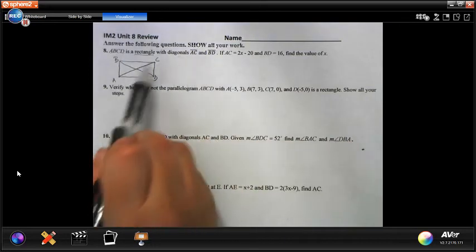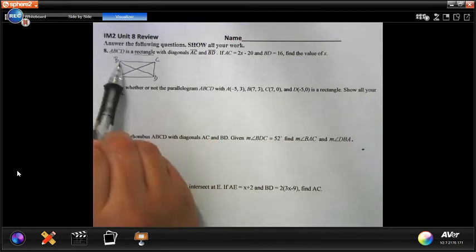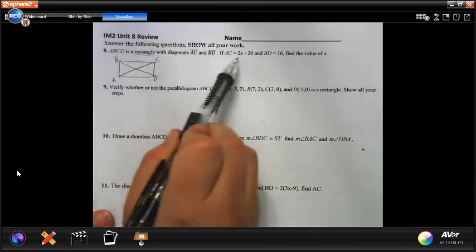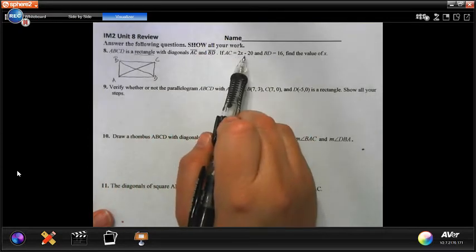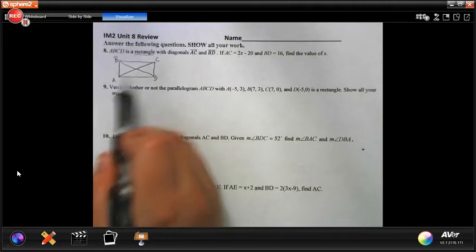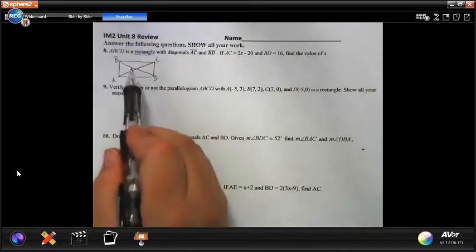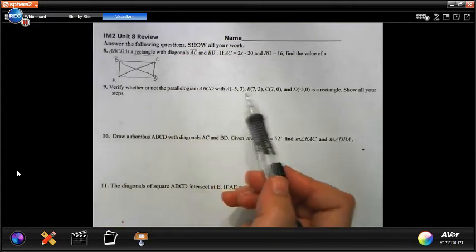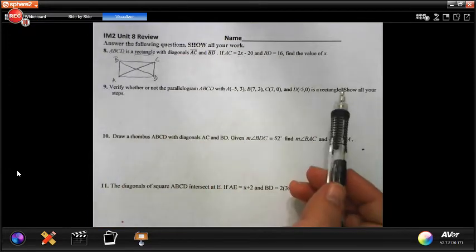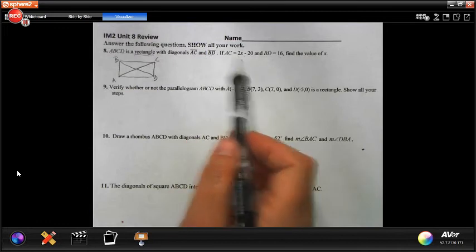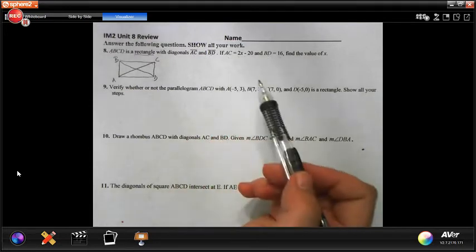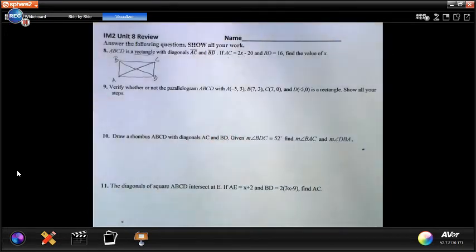So notice AC is a diagonal, BD is a diagonal. It says AC equals 2x minus 20, which is kind of hard to label because AC is the whole diagonal, and if I write on it, then it messes up with BD, which is 16. So we know that AC and BD are diagonals. Let's look at our rectangle rules about diagonals.